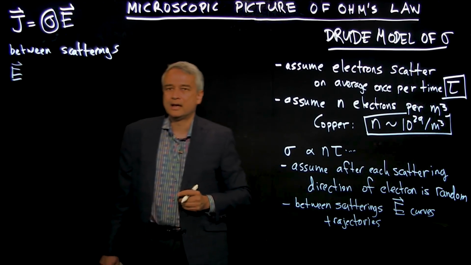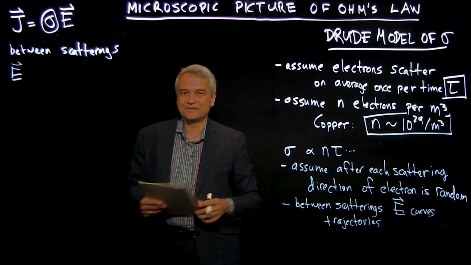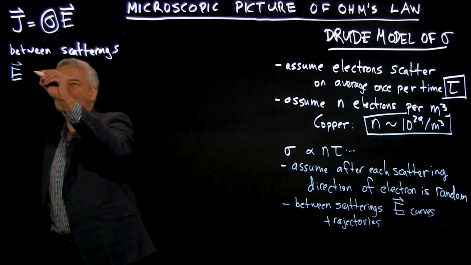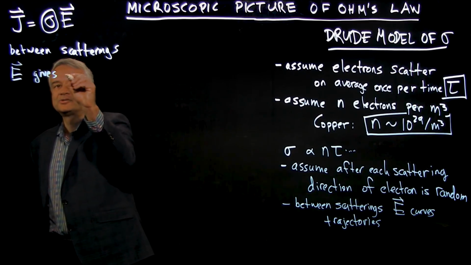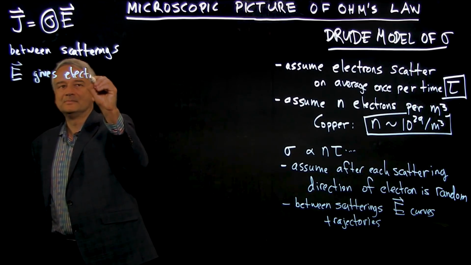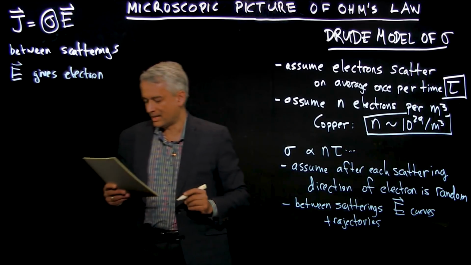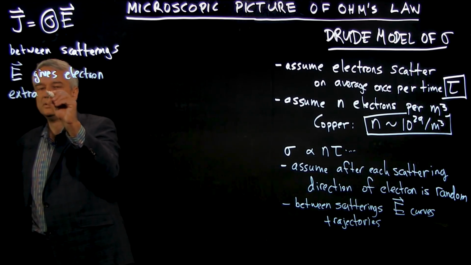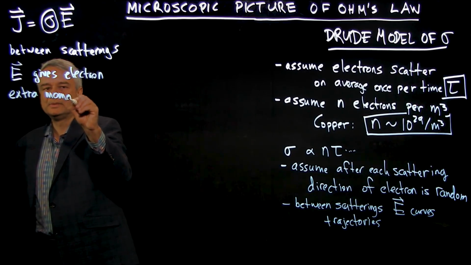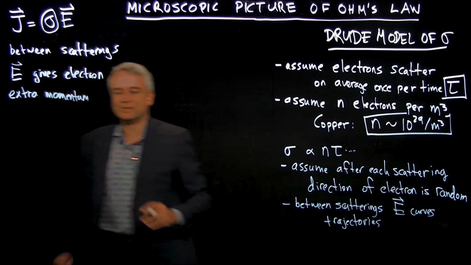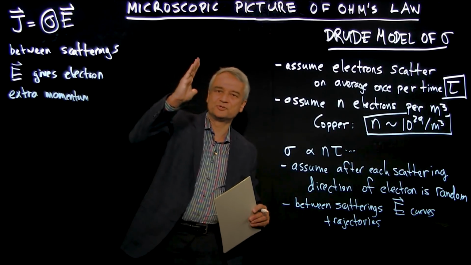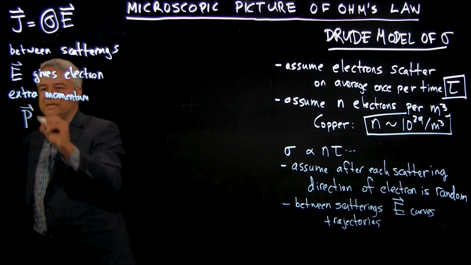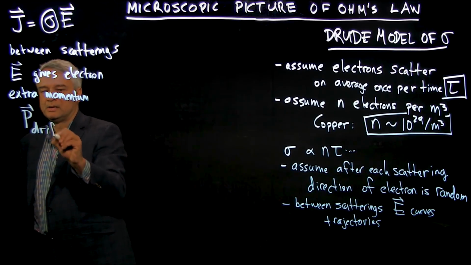And the way I'm going to make that quantitative, instead of describing it in terms of a curvature of a trajectory, I'm going to say that the electric field gives each electron a little bit of extra momentum. And that extra momentum is called the drift momentum. It's the extra momentum that comes from the push that the electric field applies, which curves the trajectory. And that extra momentum we're going to call P drift.